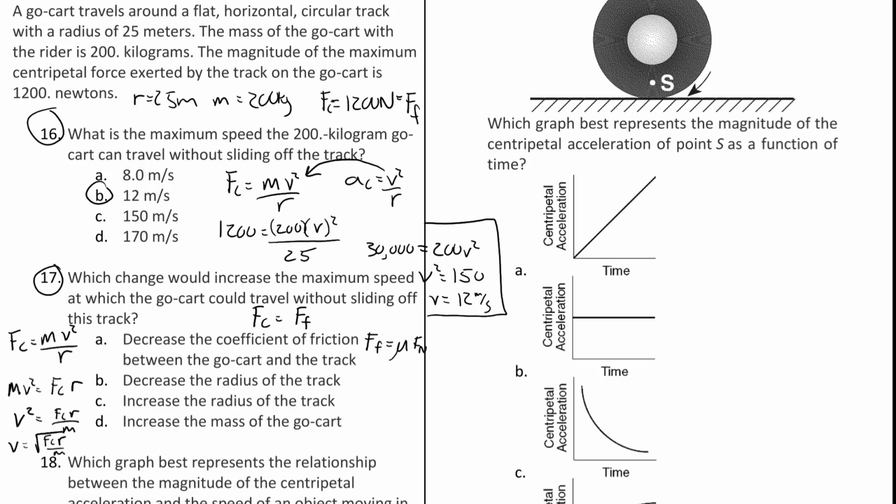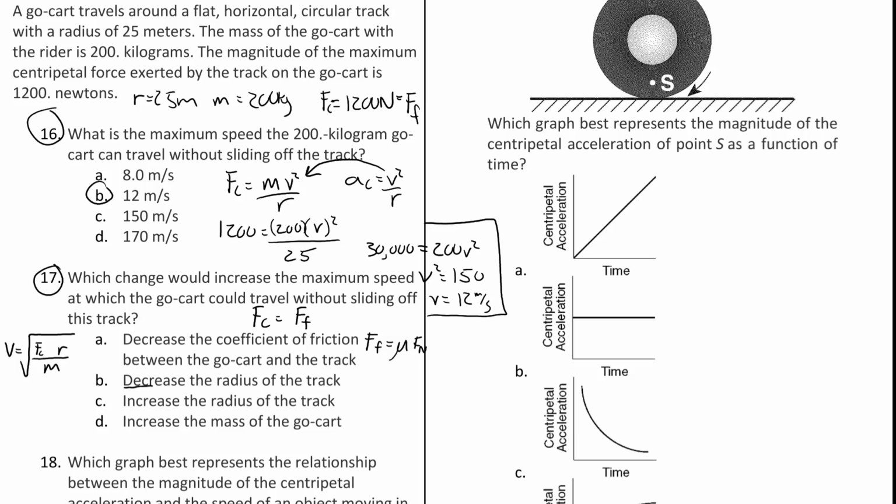That is super tiny, so I'm going to rewrite it on top. We're saying the velocity is equal to the square root of the force times the radius divided by the mass. And now we have an equation that relates the velocity to the radius and the velocity to the mass.